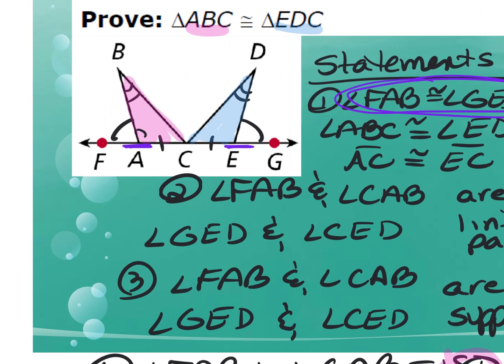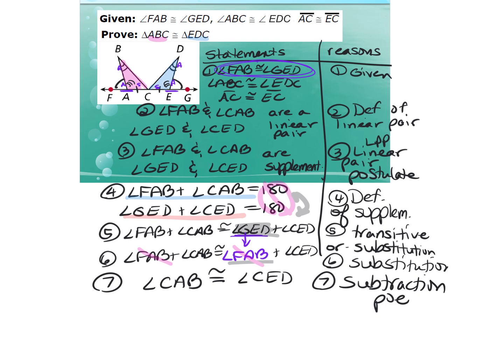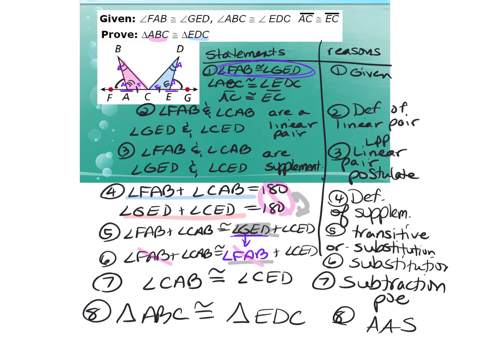So this is the one that's now congruent. And now I can show by angle, side, and same thing here, that the pink and the blue triangles are congruent. So my last statement was what I was trying to prove, that triangle ABC is congruent to triangle EDC, and what I used was angle, side.